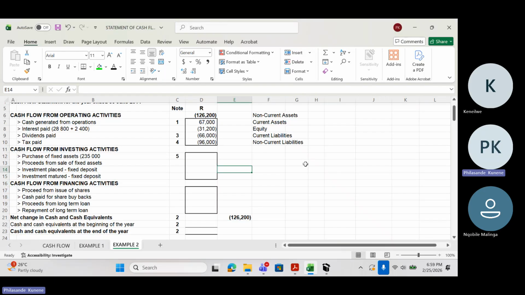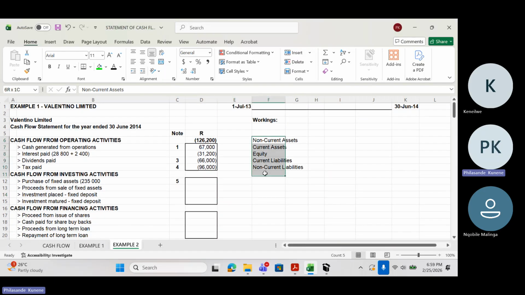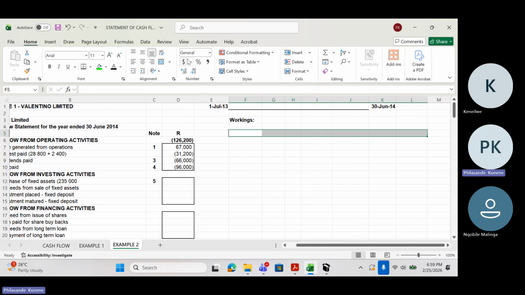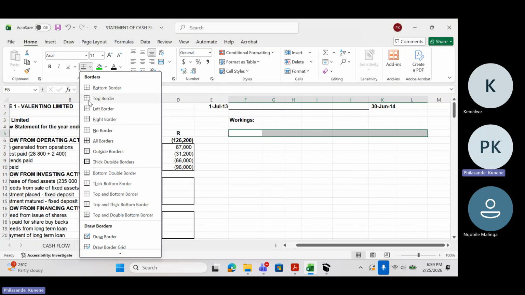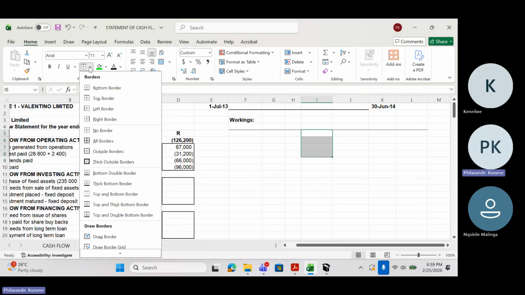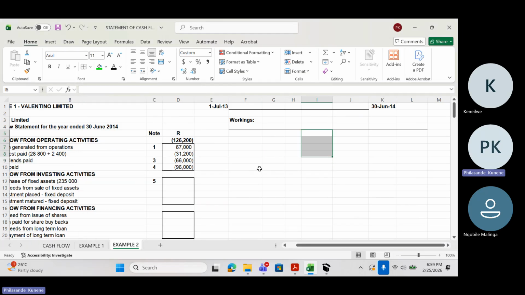What is going to help you in doing this is your general ledger account. Nothing else is going to help you. We need to do our general ledger account to calculate how much equipment was purchased during the year.